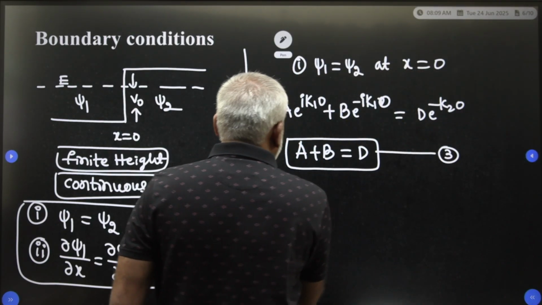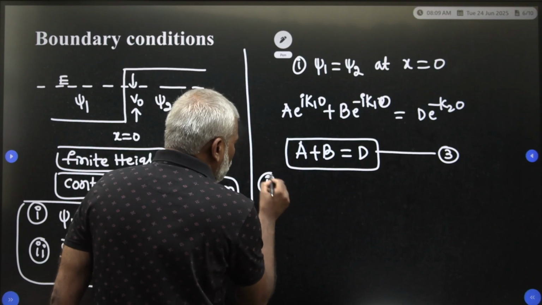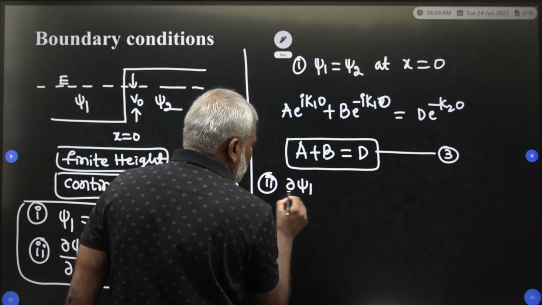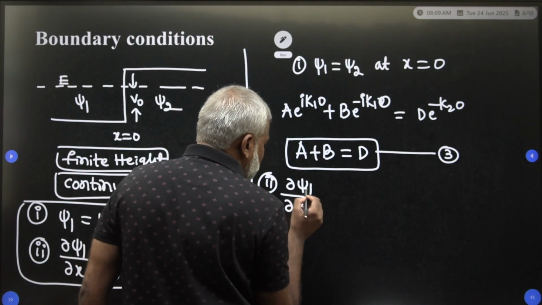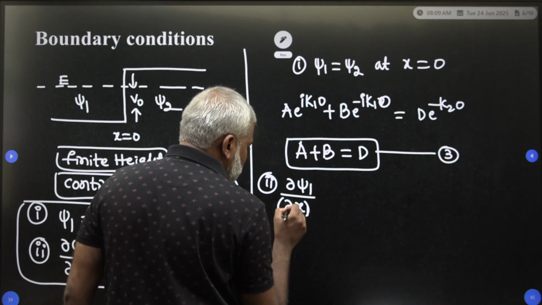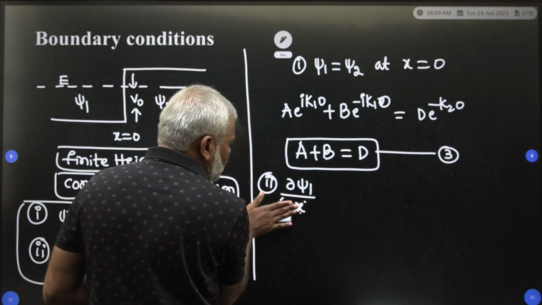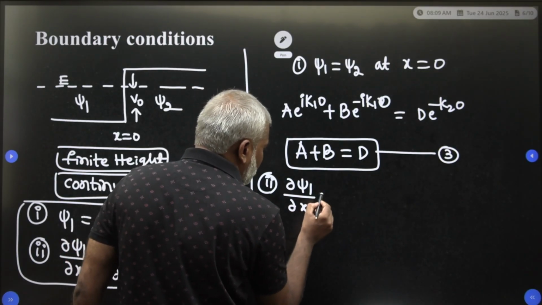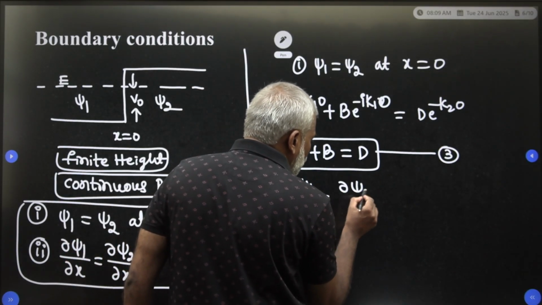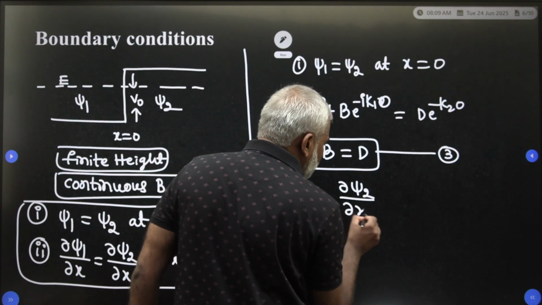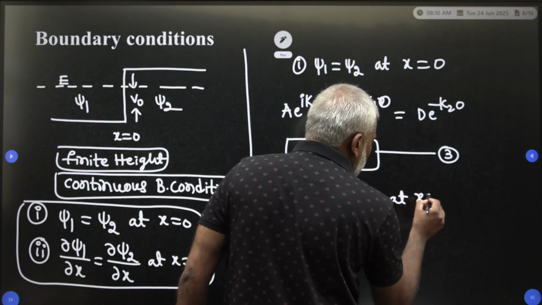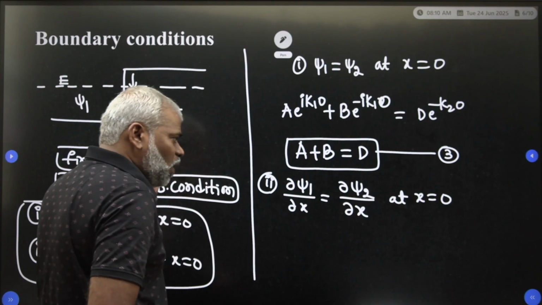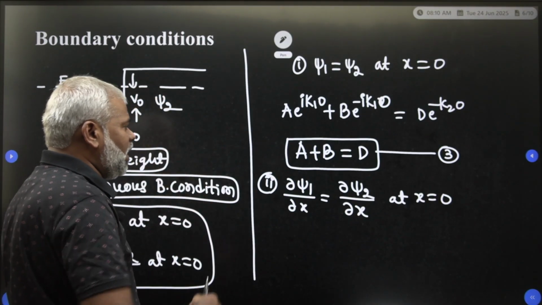Now, you have to apply the second boundary condition. What is your second boundary condition? Dou psi 1 by dou x is equal to dou psi 2 by dou x at x is equal to 0.